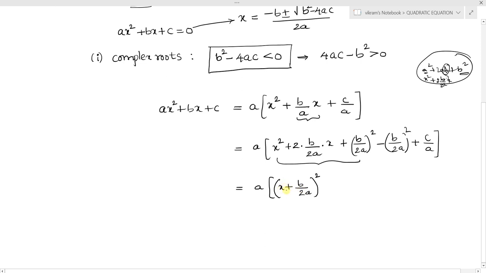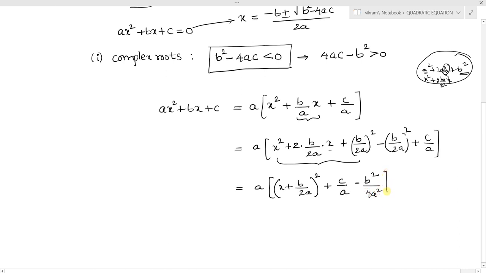If we expand x plus b by 2a whole square, we get x square plus 2 into b by 2a into x plus b by 2a whole square. That is good. Now what is left over here? c by a minus b square by 4a square.